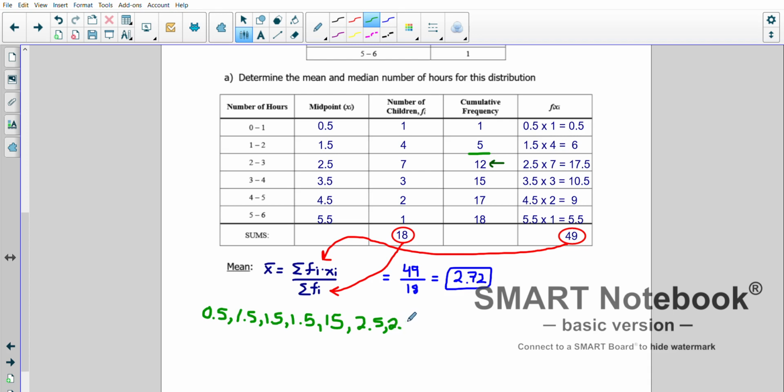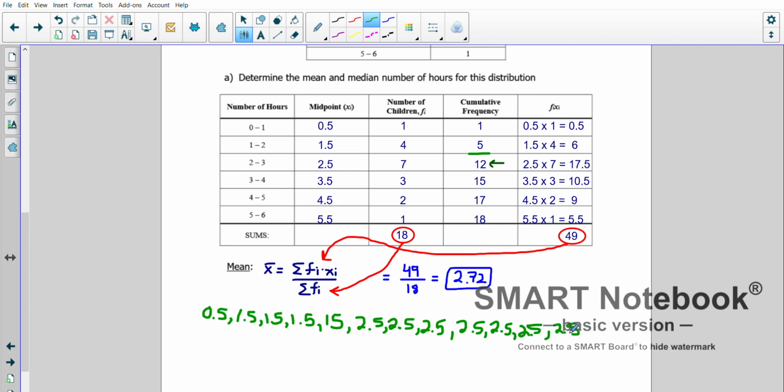So this is me writing the full data set. Now you're never going to do this. This is just me doing this for demonstration. It'll help us on one of the later questions too. 1, 2, 3, 4, 5, 6, 7.